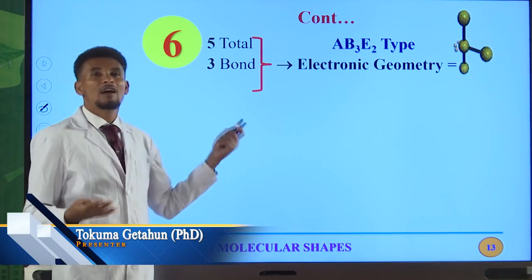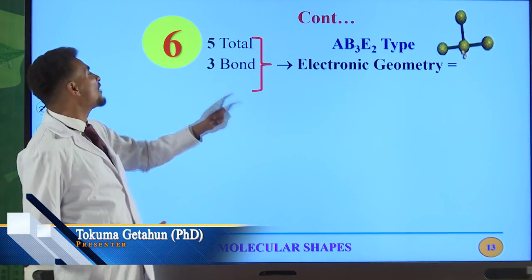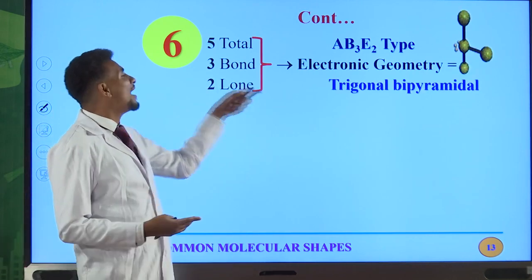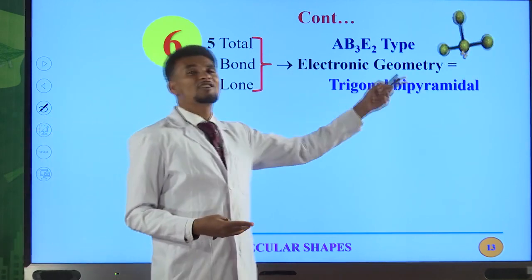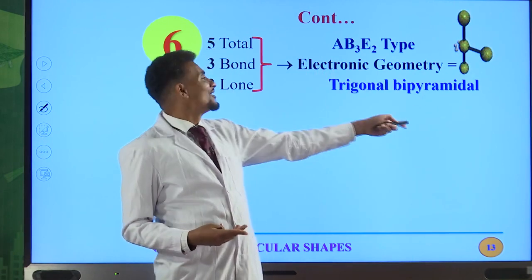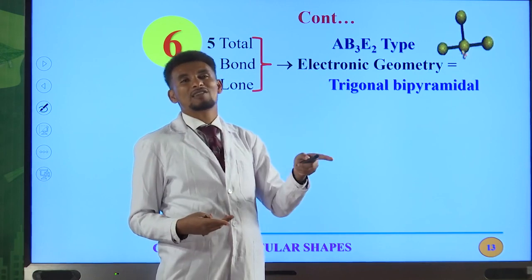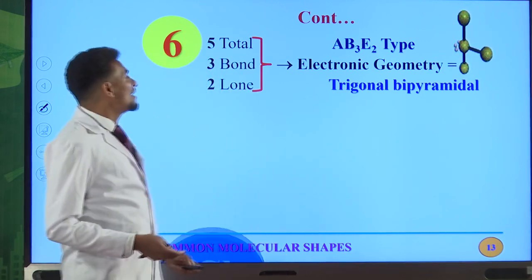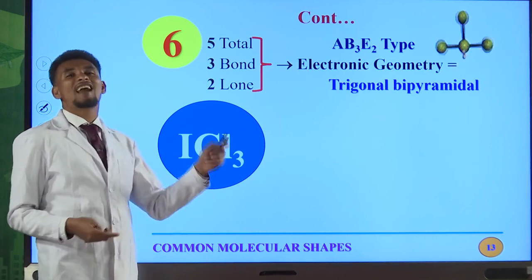Total we have 5 electron pairs, and from these 5 electron pairs, 3 of them are bonding pairs and 2 of them are lone pairs. Its electronic geometry is trigonal bipyramidal. This is the electron pair arrangement of this type of molecules. Trigonal bipyramidal. And one best example is ICl3.